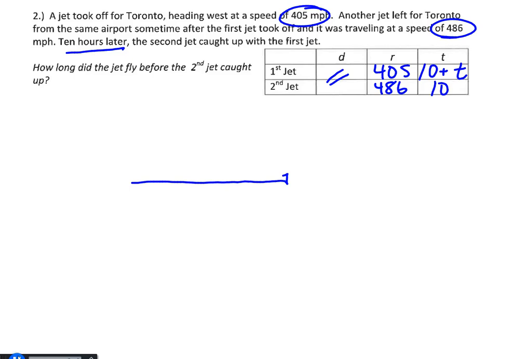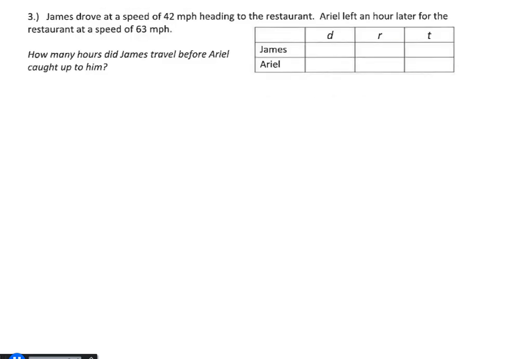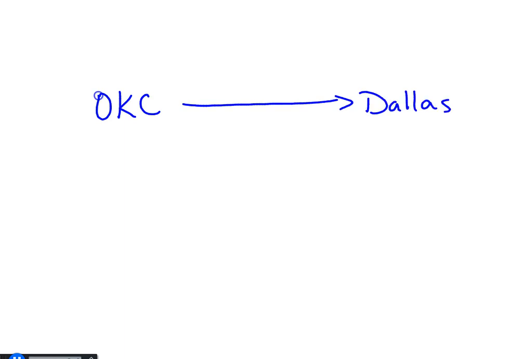Now, we've done several problems where one thing is trying to catch up with another, or maybe they're flying until they reach a certain distance apart. But you'll notice in these problems as you begin to read them that a lot of them fly. Say a jet leaves Oklahoma City and it flies to Dallas, and then it flies back. These are round trip problems.